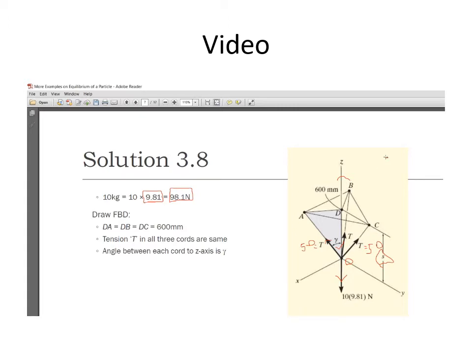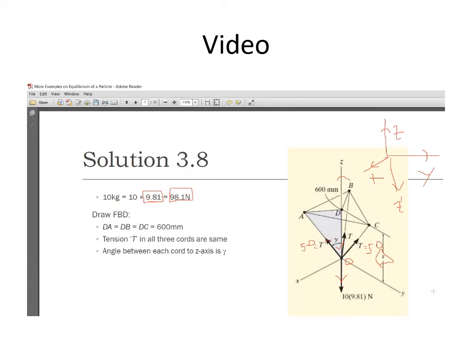If I add the axes, this is the z axis, this is the y axis, and this is the x axis. So weight is working in this downward z axis.